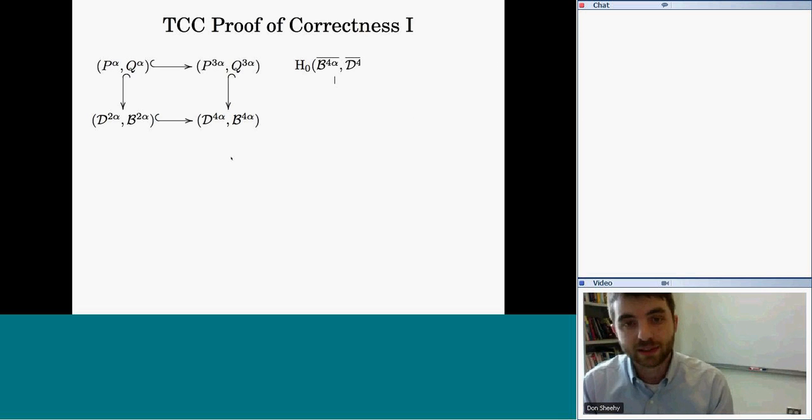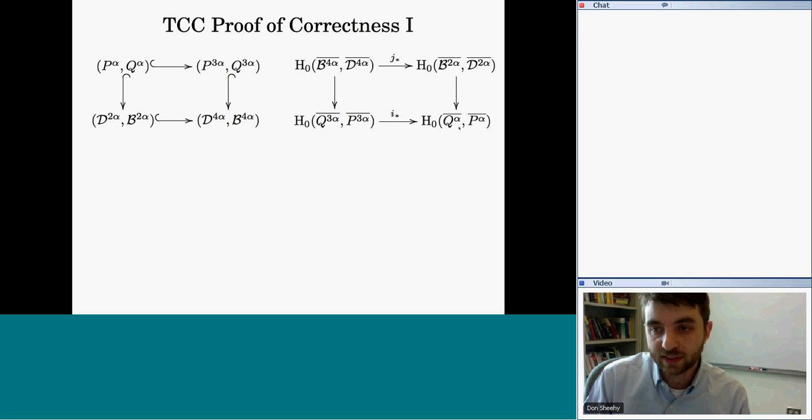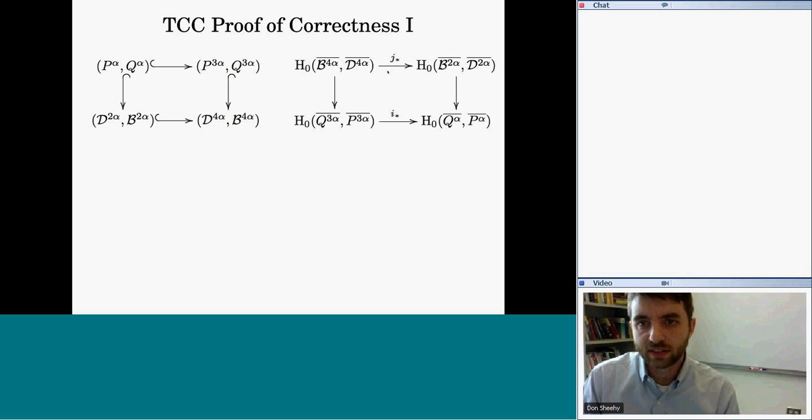Just a sequence of inclusion maps, and if I look at it in d-dimensional cohomology, then Alexander duality says I can write pretty much the same diagram dualized, so all the arrows go the other way now, and all the spaces get complemented. This map here, H0 of B4 alpha bar, D4 alpha bar, into H0 of B2 alpha bar, D2 alpha bar, is just what we had before.